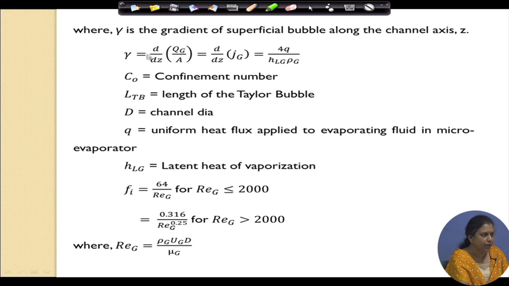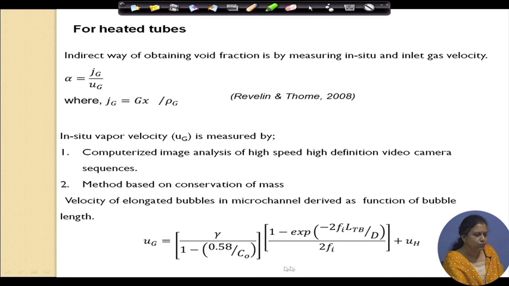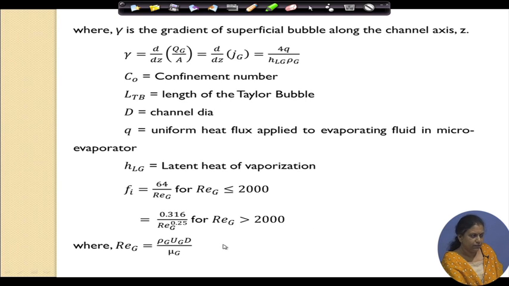Now, once gamma is known and the length of the Taylor bubble can be estimated from photography, then UG can be decided. The velocity of the Taylor bubble relative to the homogeneous flow velocity can be expressed by this particular expression. We would remember Co is the confinement number by which we had defined microchannels, while we were discussing what defines a microchannel in one of my earlier discussions.